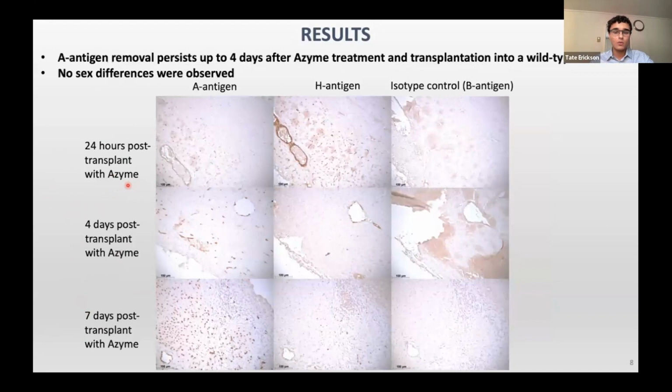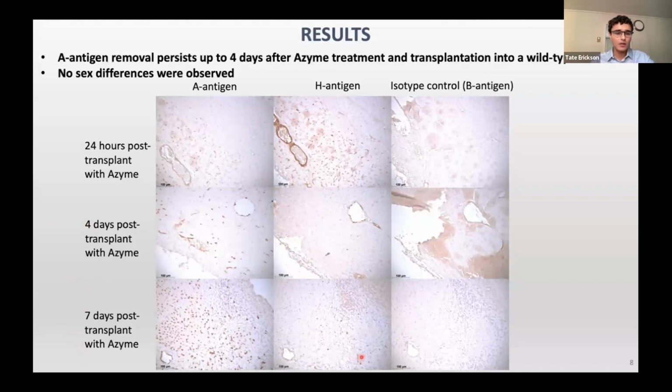This is important in the context where we look at A antigen expression after AZyme treatment and transplantation. 24 hours post-transplant, there's minimal and weak A antigen staining present, and all of that staining was localized to the epicardial face of the heart. 4 days post-transplant, diffuse A antigen staining occurs, and by 7 days post-transplant A antigen staining looks like an untreated A transgenic heart.